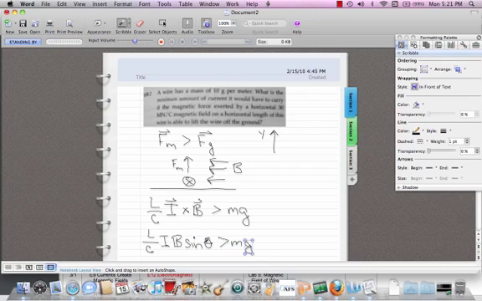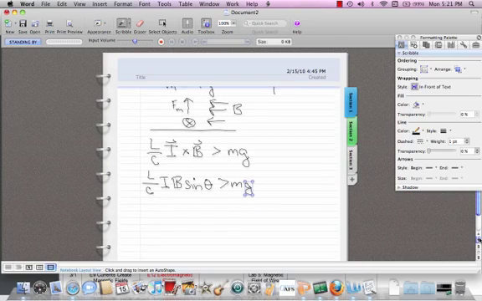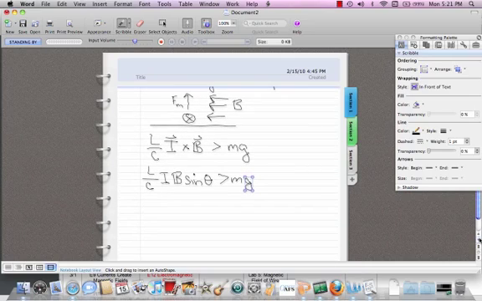For this example, I is into the page and B bar is to the left, so therefore my angle here is 90. If the angle is 90, then this goes to 1. So I have L over C, I, B bar is greater than mg.